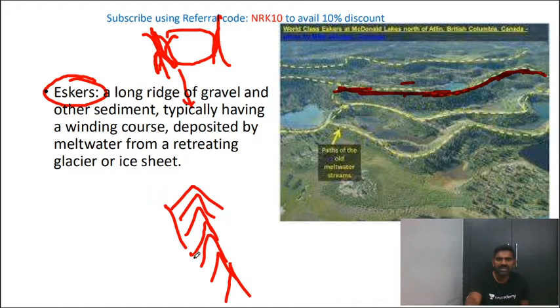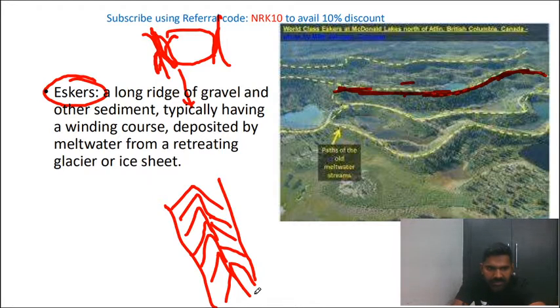Okay, so these are called eskers. These are called what? Eskers.